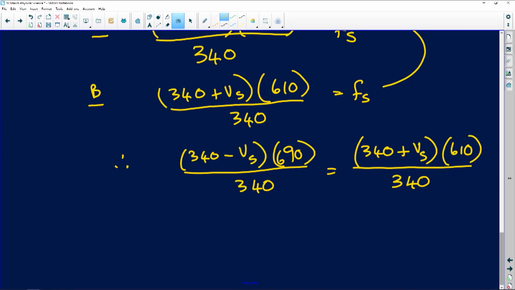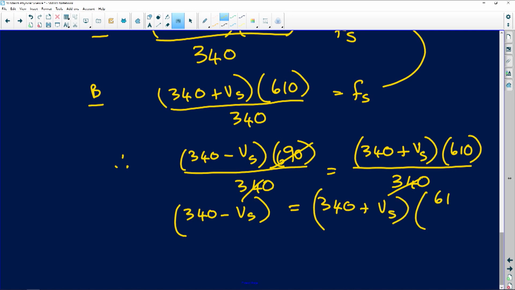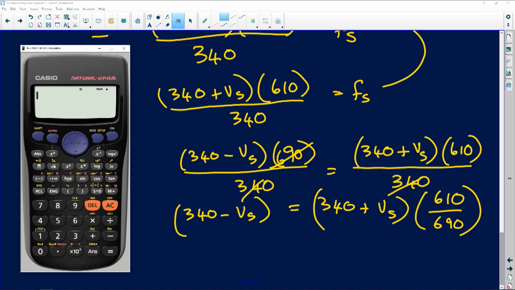All right, so those are going to cancel. If you wanted to simplify it further, you could actually say 340 minus Vs. All right, we can get rid of that and say it's equal to 340 plus Vs times 610 divided by 690. So we can do that to simplify, and now we just need to do a bit of calculation.